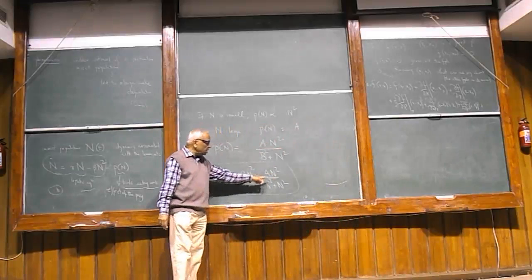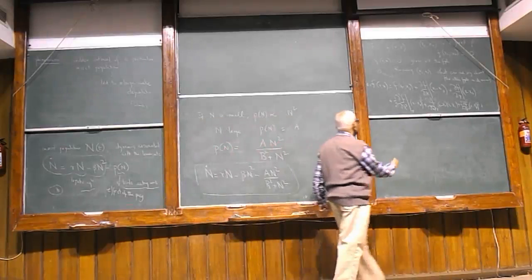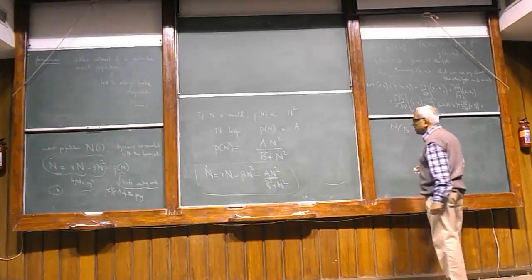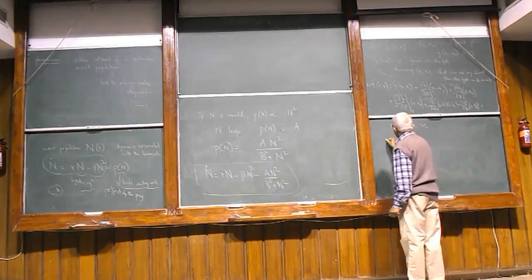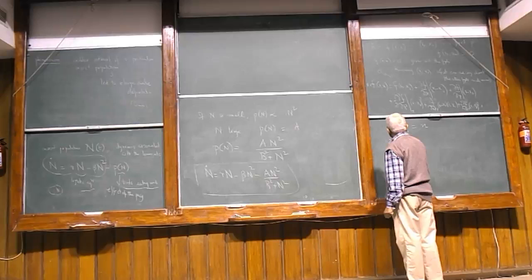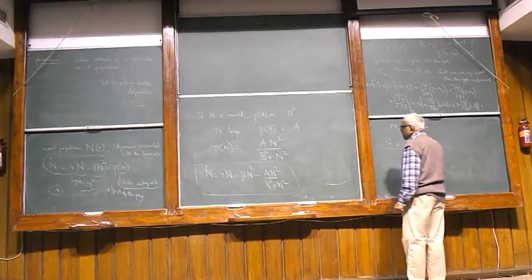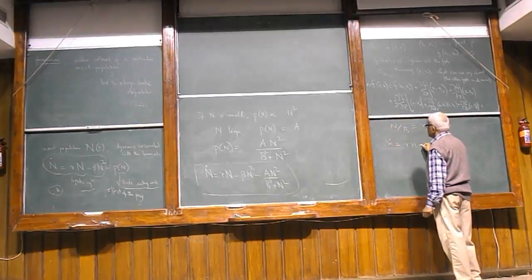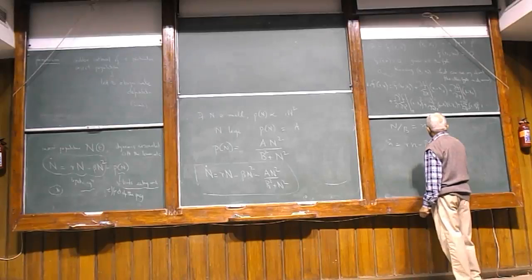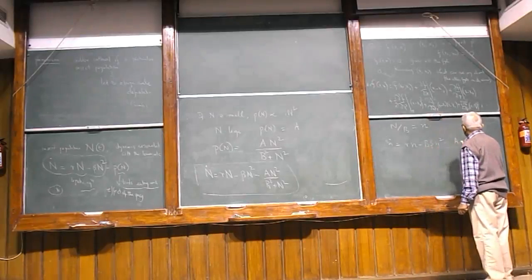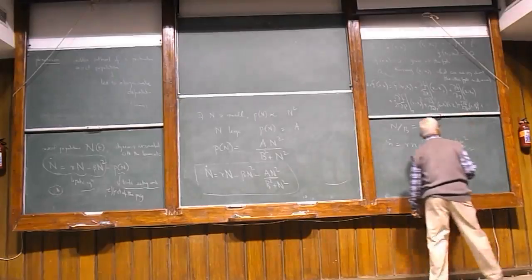If I scale n by b, so let's say I write n over b equal to some small n, then n dot is equal to R n minus b beta n squared minus a n squared over 1 plus n squared, right?